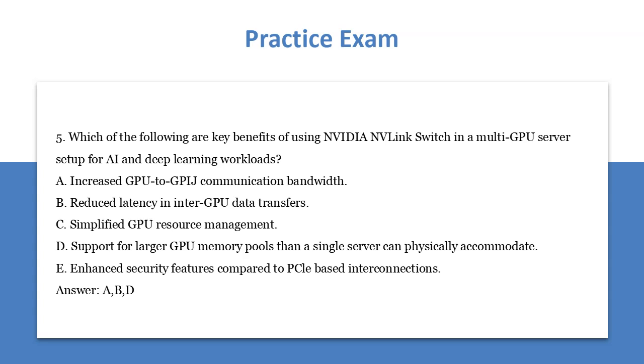C. Simplified GPU resource management. D. Support for larger GPU memory pools than a single server can physically accommodate. E. Enhanced security features compared to PCIe-based interconnections. Answer: A, B, D.